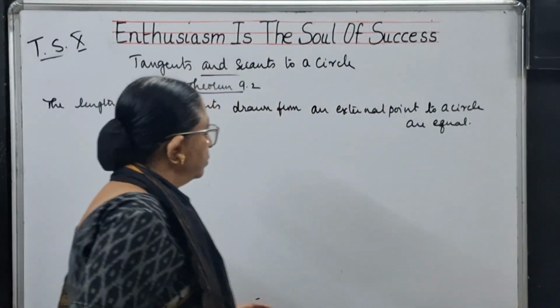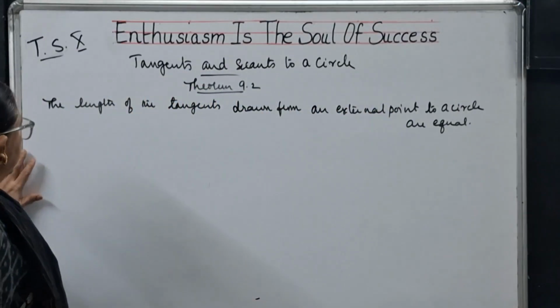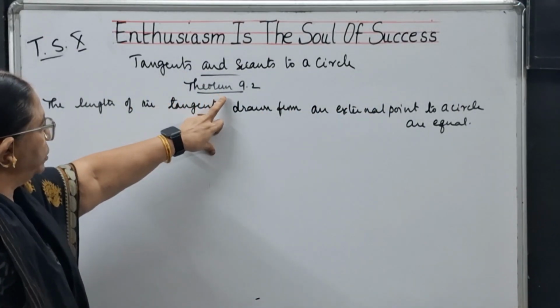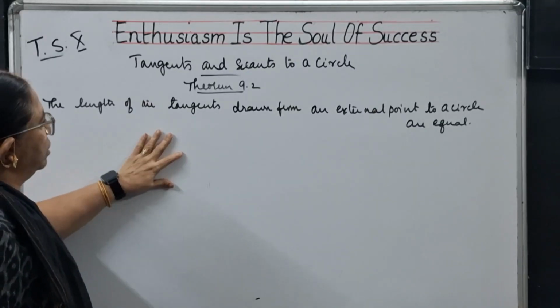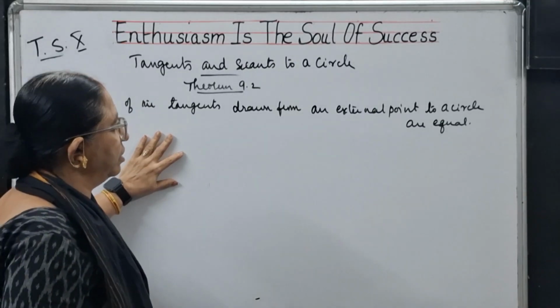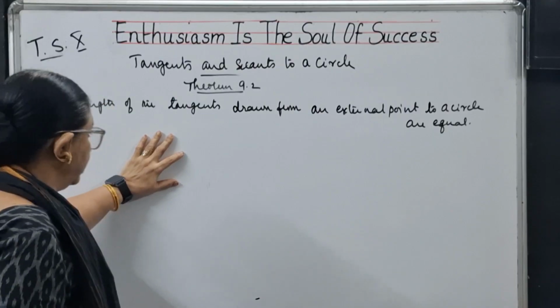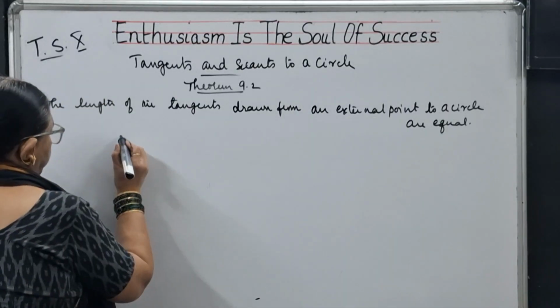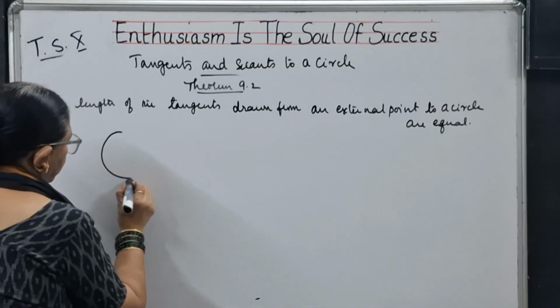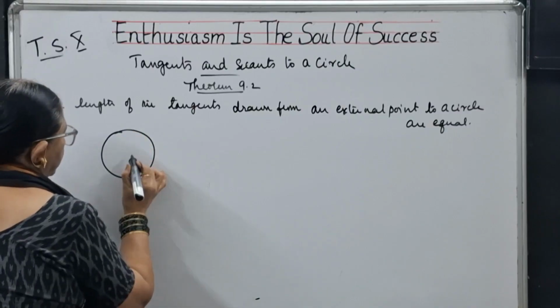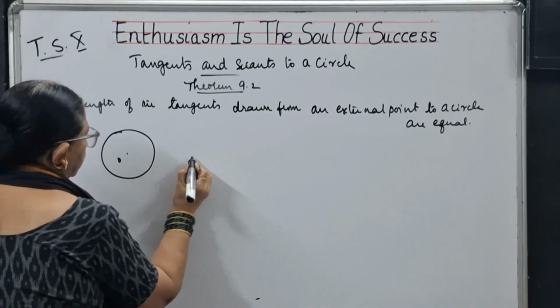Now, a very important theorem, children. Theorem 9.2. The lengths of the tangents drawn from an external point to a circle are equal. Very important theorem, many times repeated one. So you have got a circle and this is the center.